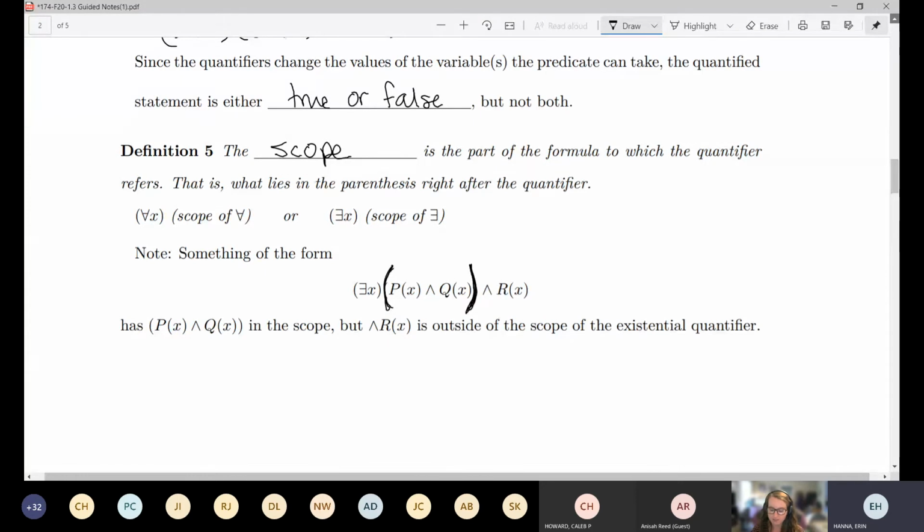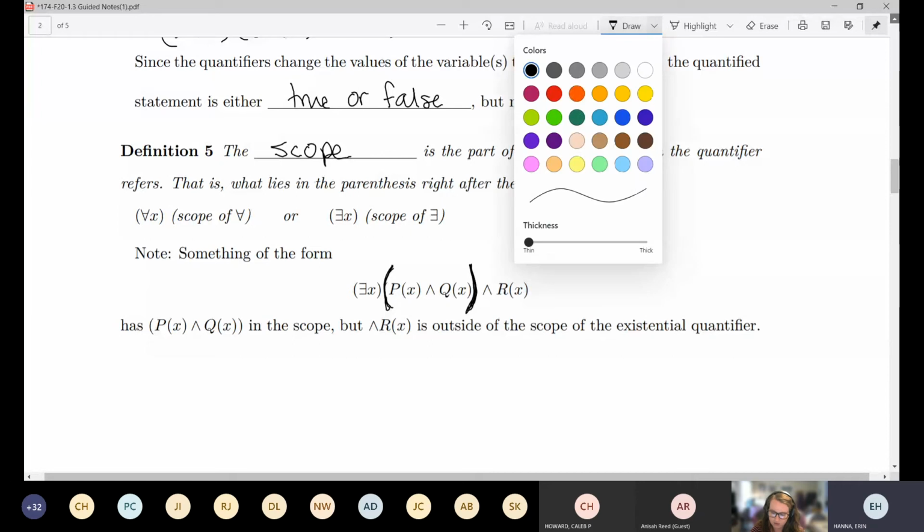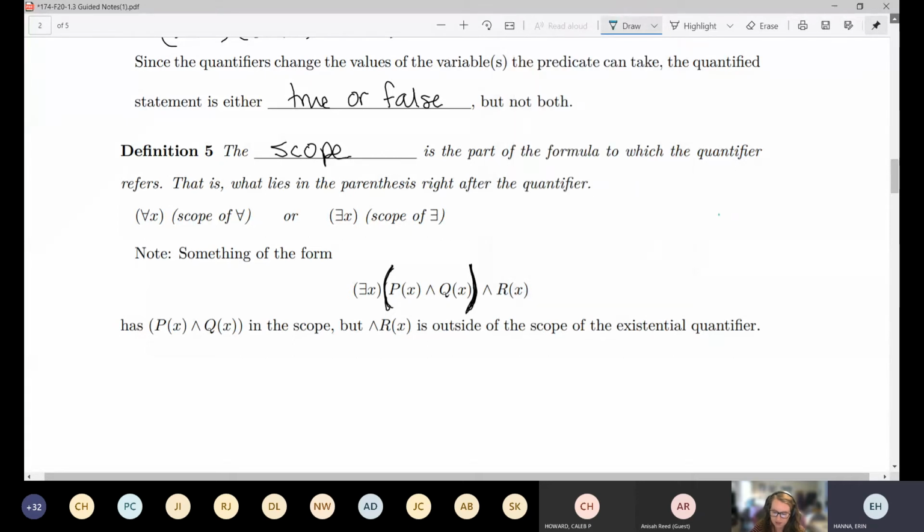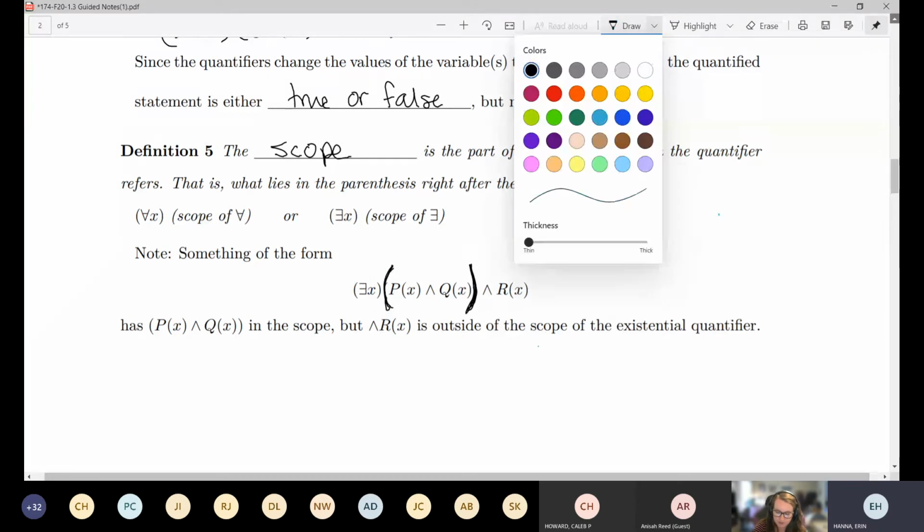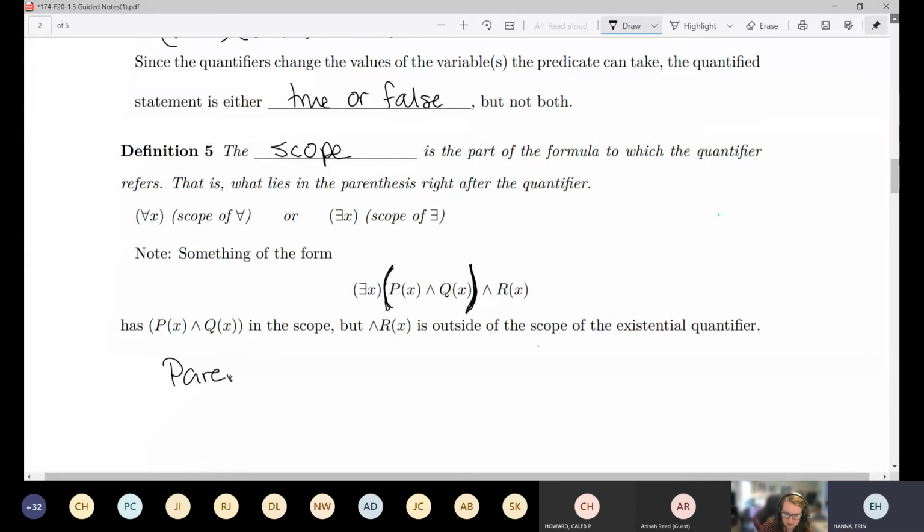If I wanted it to be in the scope, I would have had to do something like that. So parentheses are going to really matter here with these quantifiers. The parentheses are important.